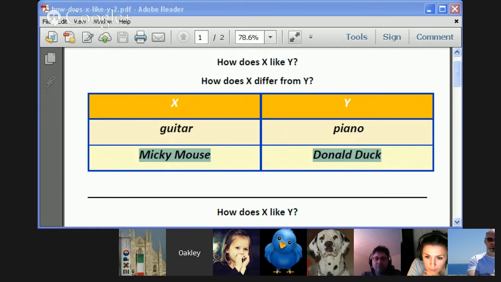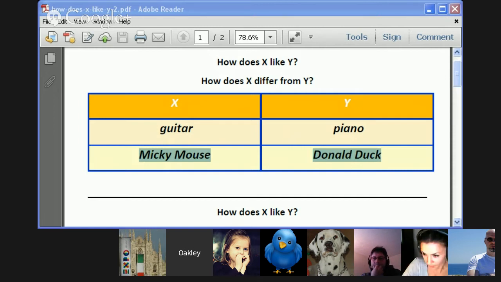Okay. Now, I remember where I was when we changed things up. Max, how are Mickey Mouse and Donald Duck the same? It's stretching to say that they are alike.